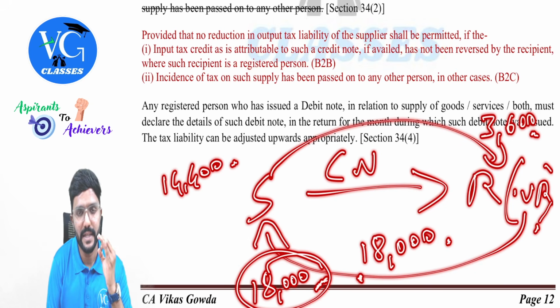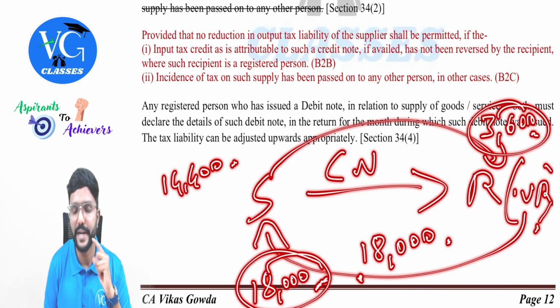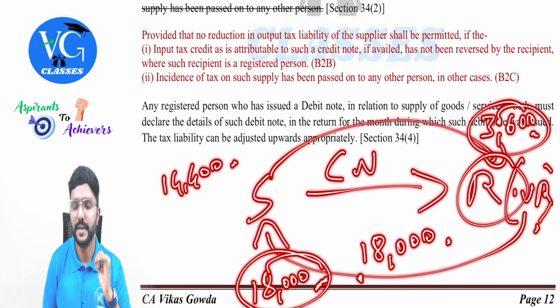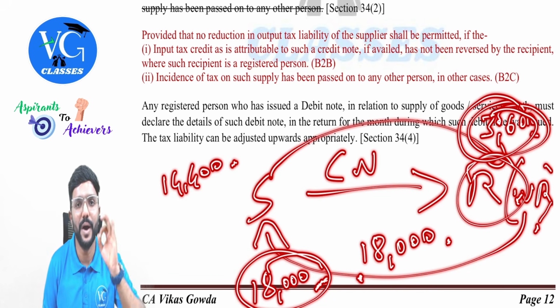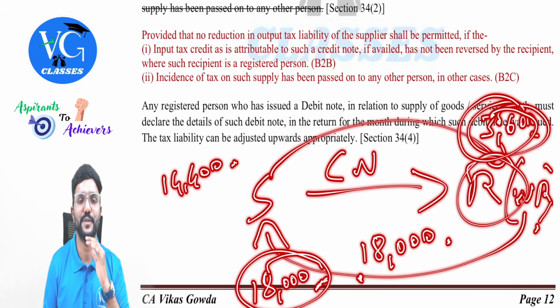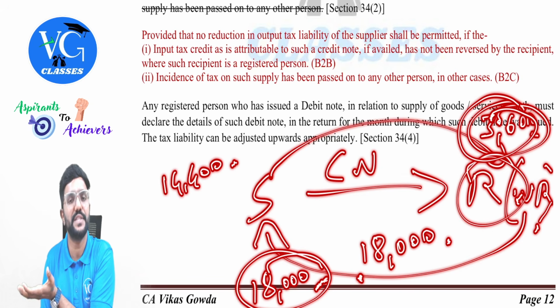Clear? Means they're trying to tell that whatever is the GST component with respect to the credit note, it will reduce the tax liability of the supplier provided he has not passed on the incidence of tax to the recipient. Means if he has collected the full amount, he has to give back 3,600. Only then the supplier can reduce this amount. If he has collected the full 18,000, that means he has already passed on the full incidence to the recipient.